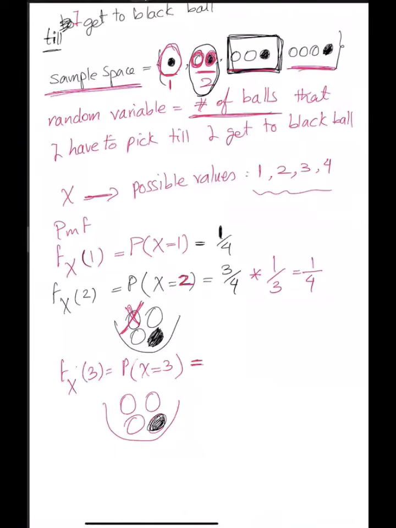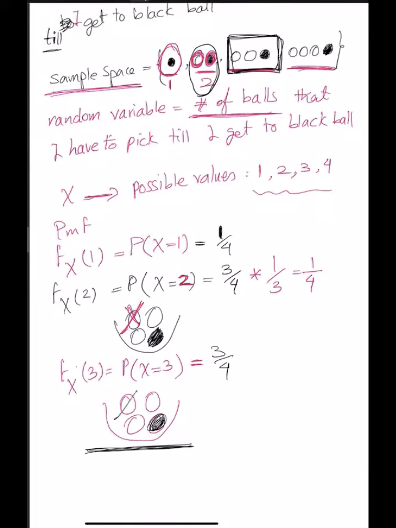So what is the probability that the first ball is white? 3 over 4, right? You pick one ball from this ball. What is the chance that it is white? 3 over 4.